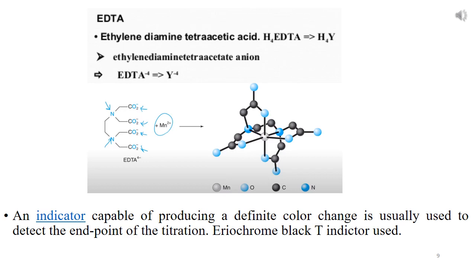So overall, it can give 6 electron pairs: 1 from each nitrogen and 1 from each carboxylate group. These can bind to the metal atom.